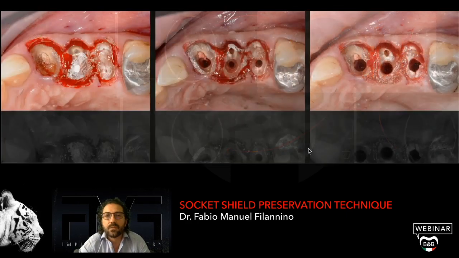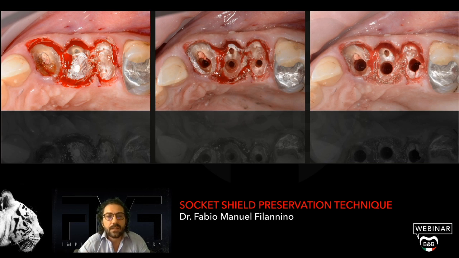So I started to decide which is the correct position to insert the implant. And so I utilized the drilling-through technique to insert implants in the right prosthetic position, and I utilized the root to understand where the right position is.